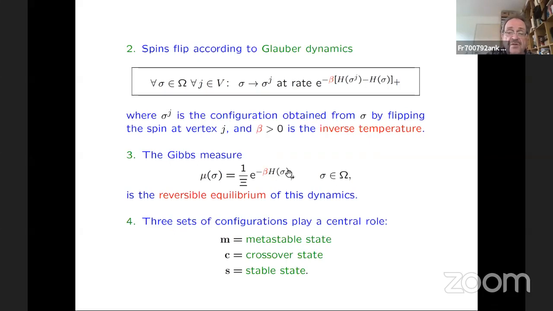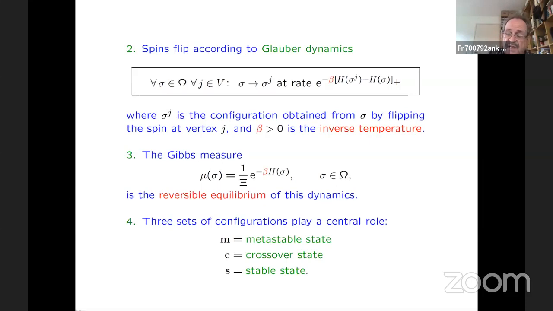So that's why there's no measure here. We used the symbol Q before. That's going to be the counting measure. And it is a well-known fact that this equilibrium measure is the reversible equilibrium of this Metropolis dynamics, because that's automatic from the way the Metropolis dynamics is defined.